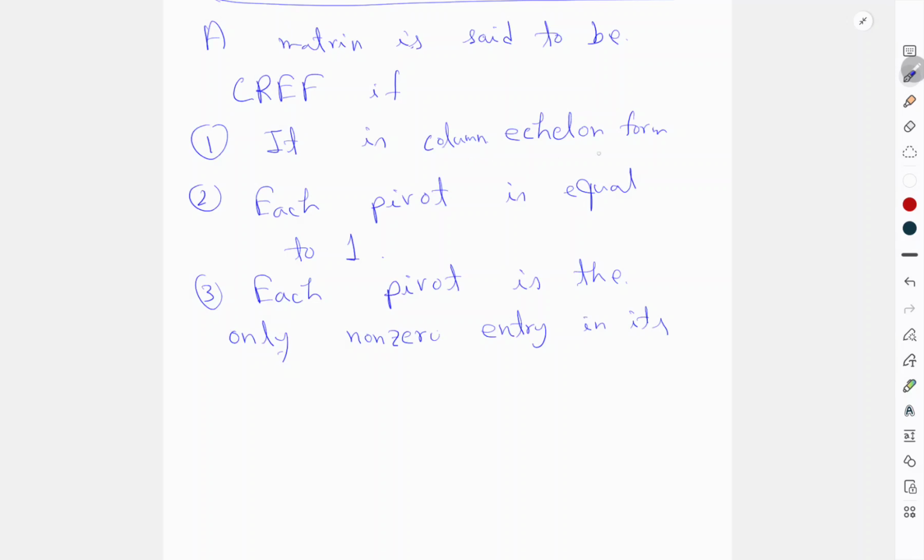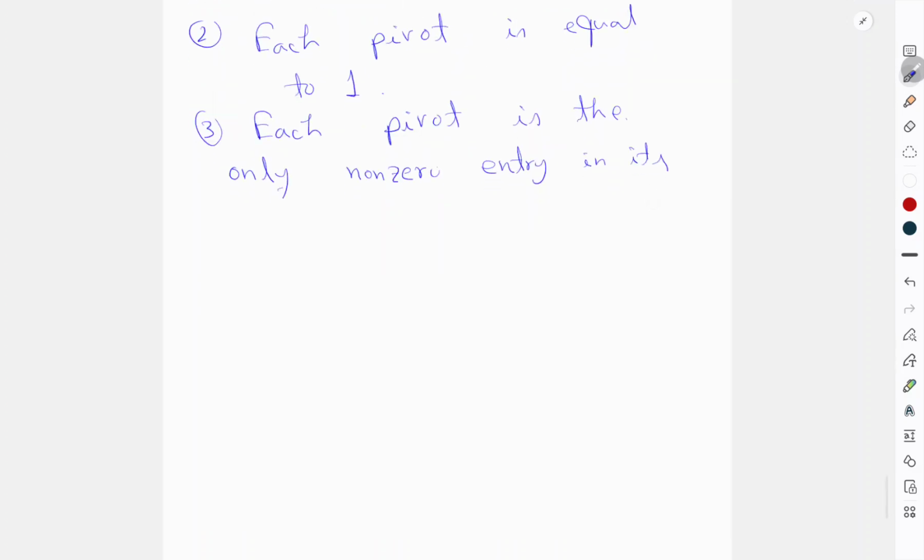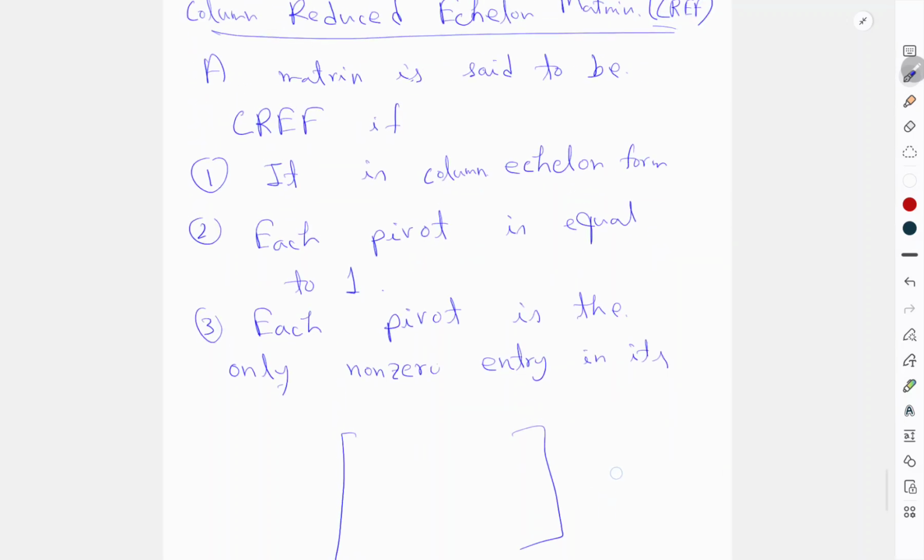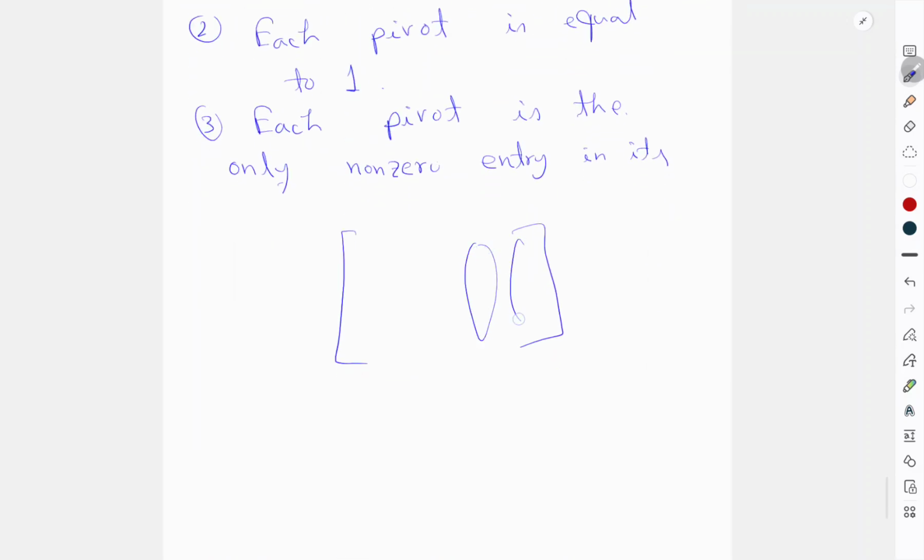Basically, whenever you have column echelon form, you have this type of property. Like in row form, all the zero entries are in the lower portion of the matrix, right? Similarly, whenever you have a column echelon matrix, all the zero columns you will see here. Okay, this type of property is there.